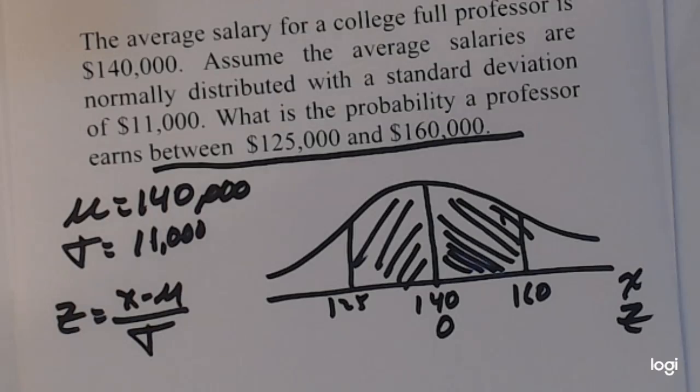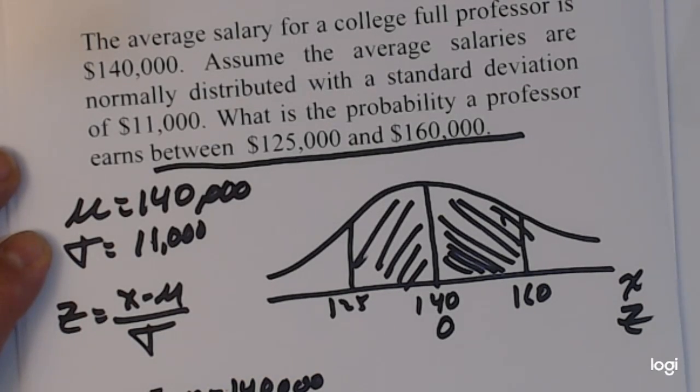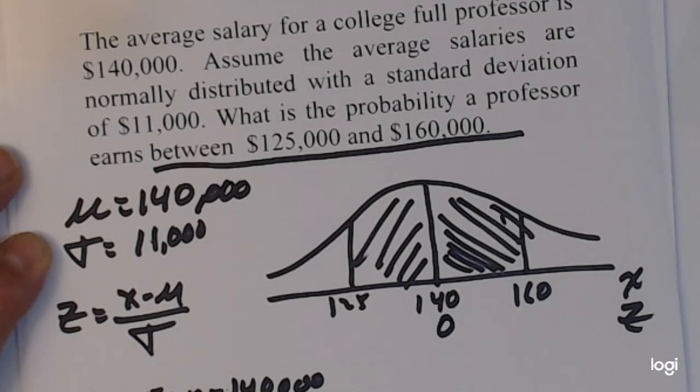So let's see, z for 125,000 is equal to 125 minus 140 over 11,000. Z for 160 is equal to 160 less 140 over 11,000.